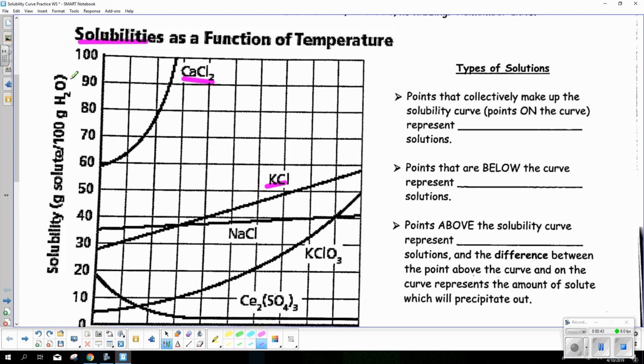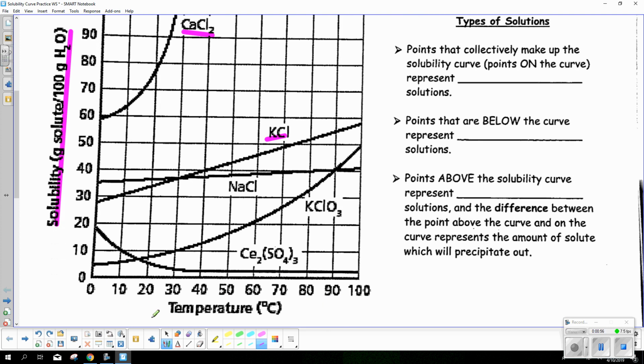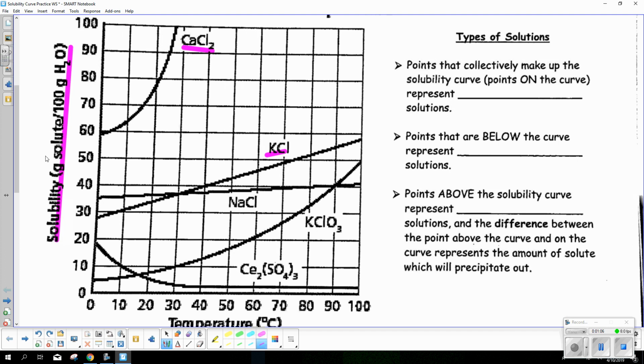On the y-axis, we have the solubility, which is how many grams of that particular solute will dissolve in 100 grams of water. On the x-axis, the temperature scale goes from 0 degrees Celsius up to 100 degrees Celsius.